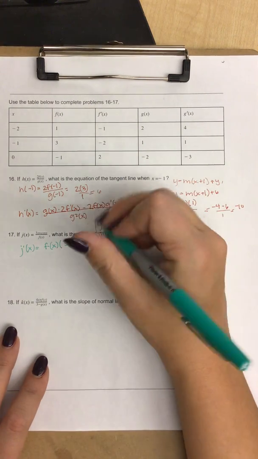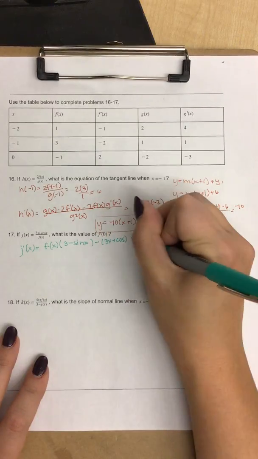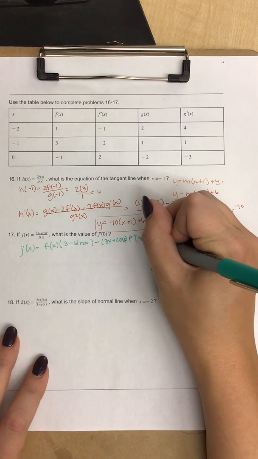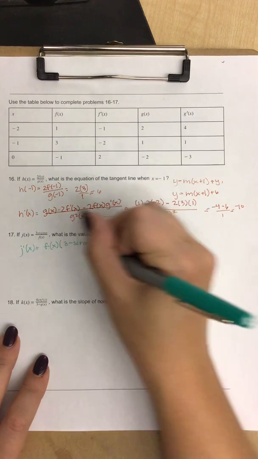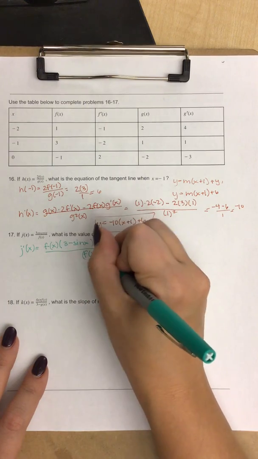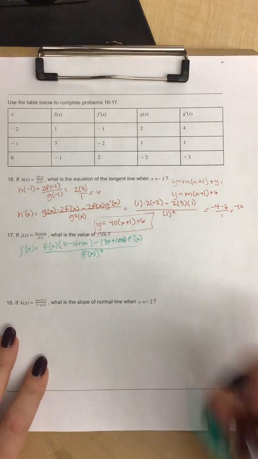Okay, minus high x d low, all over f of x squared. So I can write it in a second set of parentheses squared, or I can just write it there.